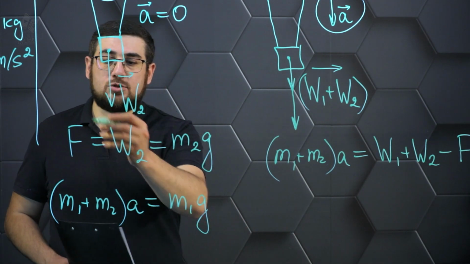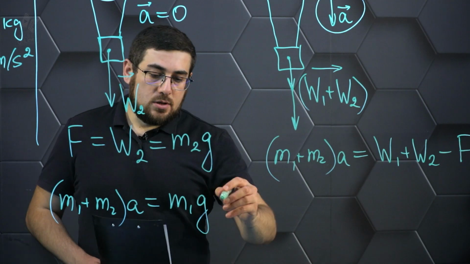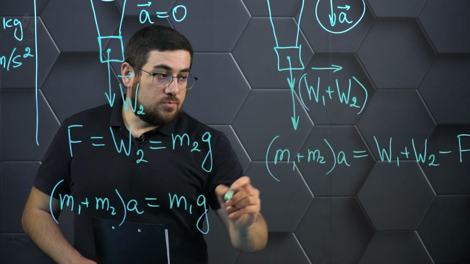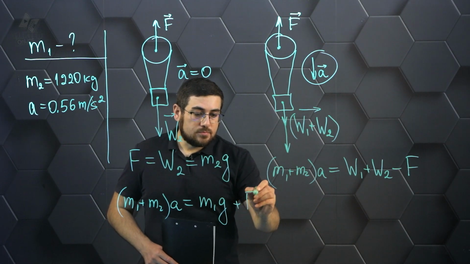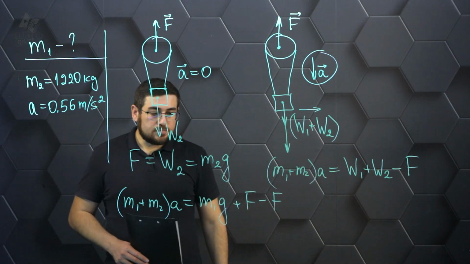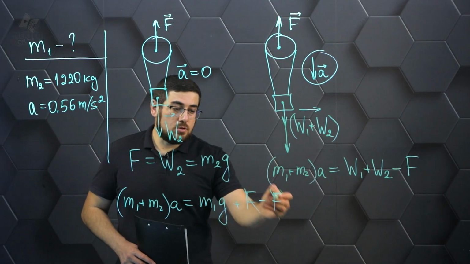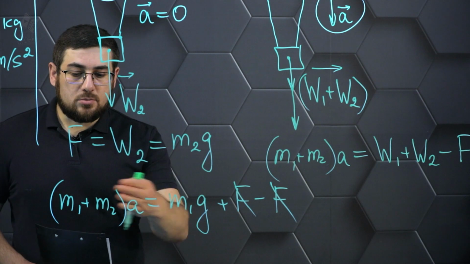It is actually the very force that keeps the balloon afloat. So we can substitute for W2 the value of that force, and minus the F that appears in this equation. After such substitutions, we see that the two forces cancel each other out and we are left with this expression. From here we must find m1.